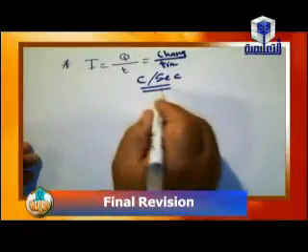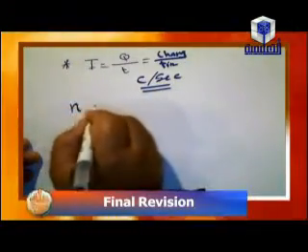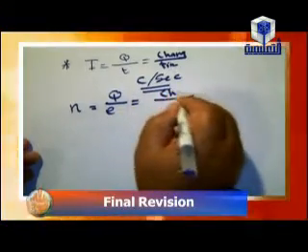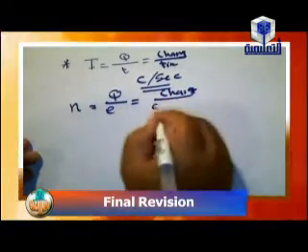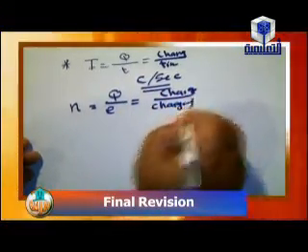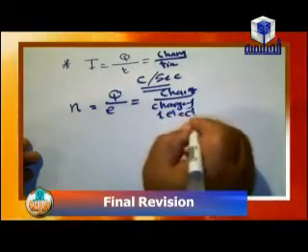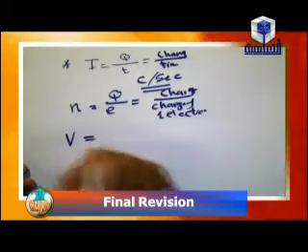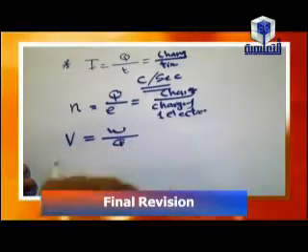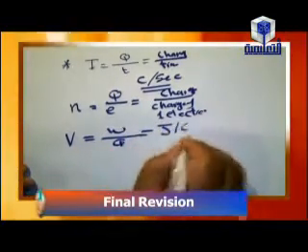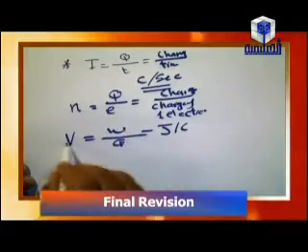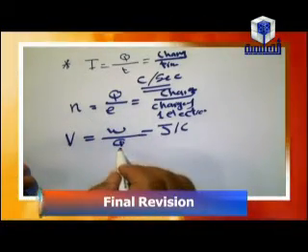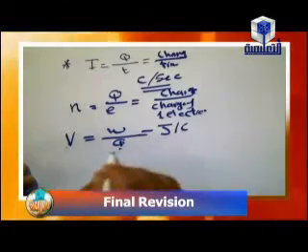Also we can find the number of electrons: number of electrons is equal to Q over e, where Q represents charge and e represents charge of one electron. Potential difference, denoted by V, equals work over charge. Its unit is joule per coulomb. If we have the potential difference and the charge, we can find the work done. The work done divided by the charge is equal to potential difference.